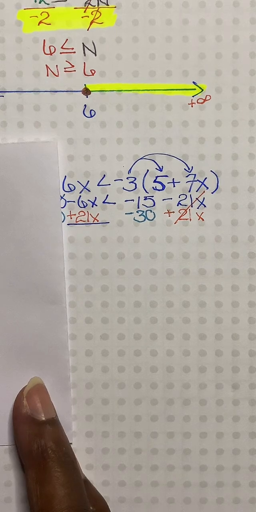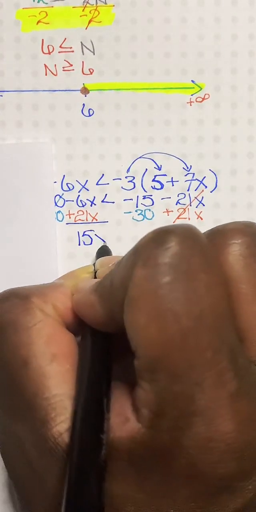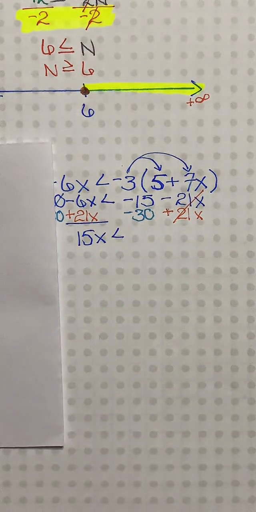How many lines? Just one. Just one line. Because we're not doing a coordinate plane. So this is not a linear inequality. Just one number line. All right, so 21 minus 6. Here we go. 15. So we got our 15x. Bring down our less than sign.